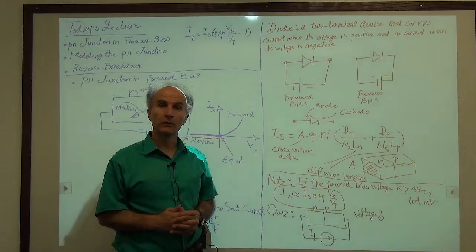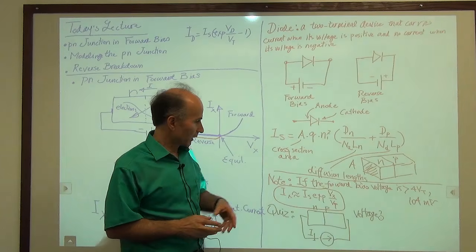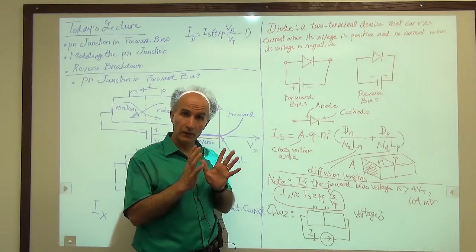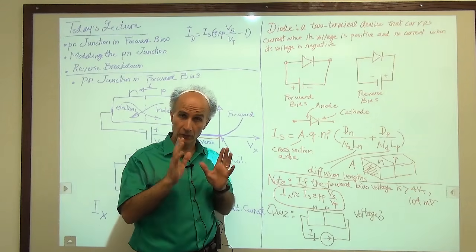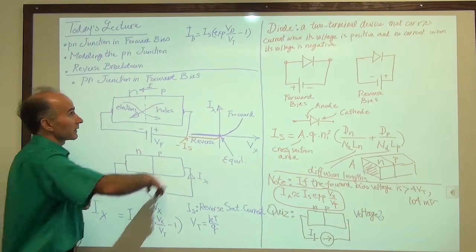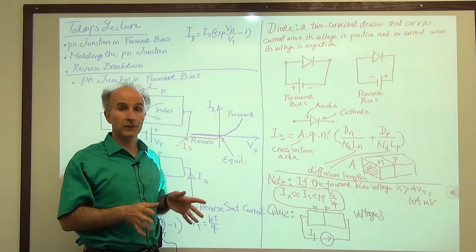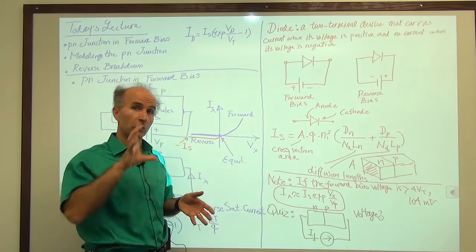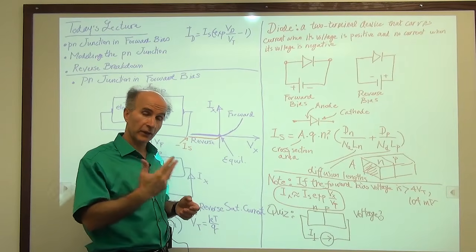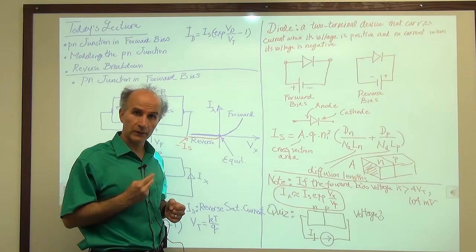All right, did you figure out what happens now? Well, we are in the forward bias region, and we said that in the forward bias region, the device is dominated or defined by one equation, and that's this equation here, or this equation here. This equation holds in forward bias regardless of whether we are applying a voltage and measuring the current, or we are applying a current and measuring the voltage. The relationship between the two must hold.